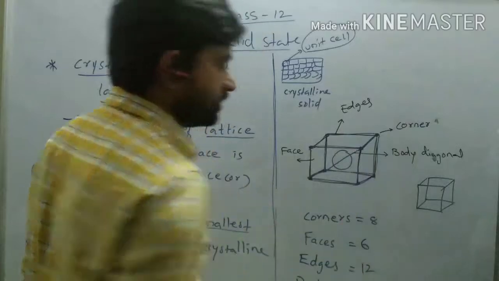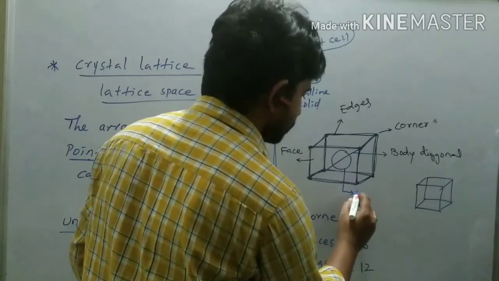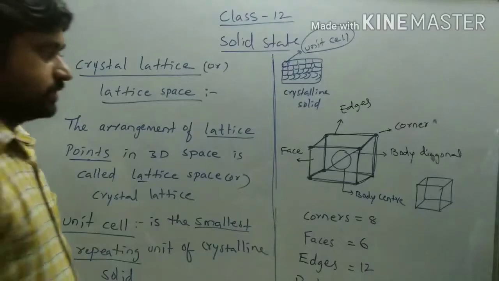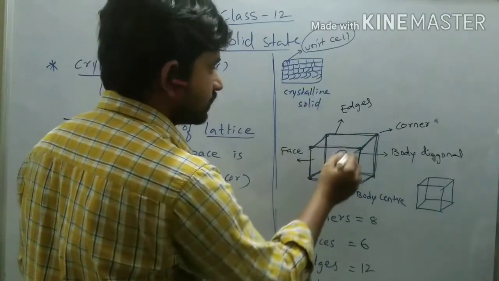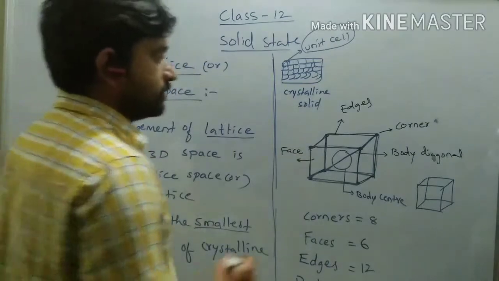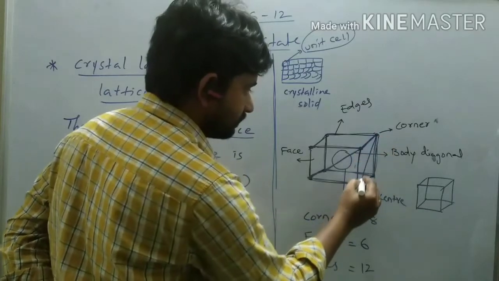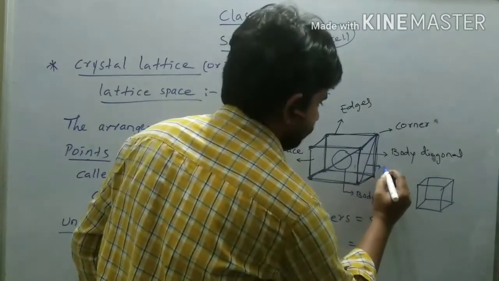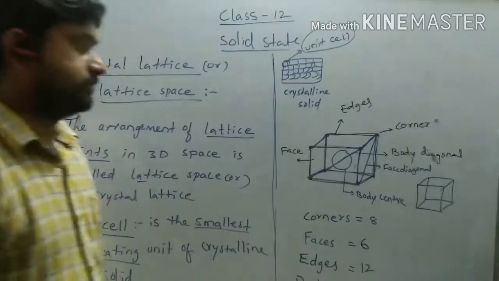How many corners? 8 corners. Then the body center. The next, the line from one end to another end in this face only, if I draw one line in this face, this is a face diagonal.